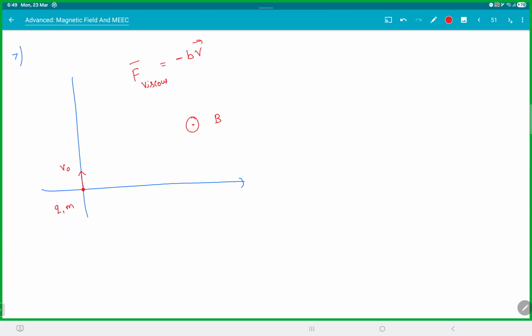The viscous force will be always opposite to the velocity. So this particle moves, and finally stops because of viscosity. Find the final coordinates of the particle. As this is moving, the viscous force will keep on dragging it, and eventually it stops. Find the x and y coordinate of this particle there.